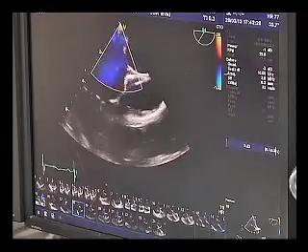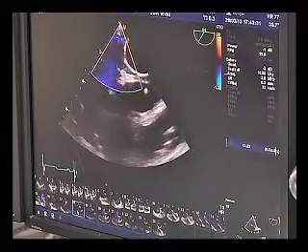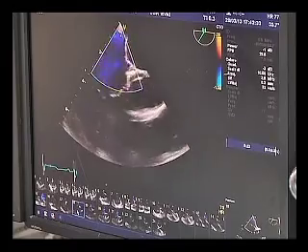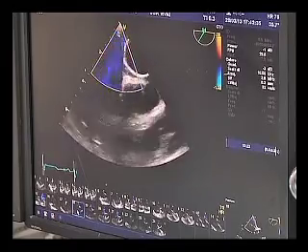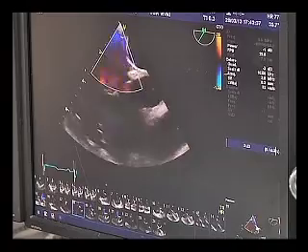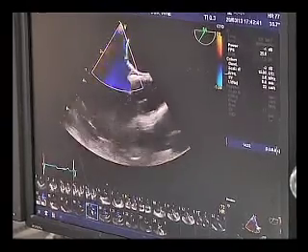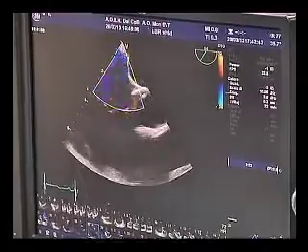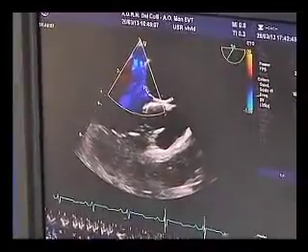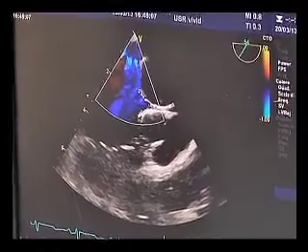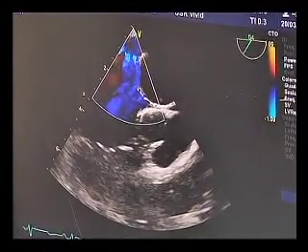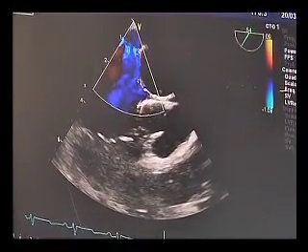When we put the balloon, we use a Boston balloon, not the AGA balloon. We saw also the multiple interatrial shunts in inferior position. We can see 3 shunts with a compressive measure of about 8 millimeters, that we can see here.